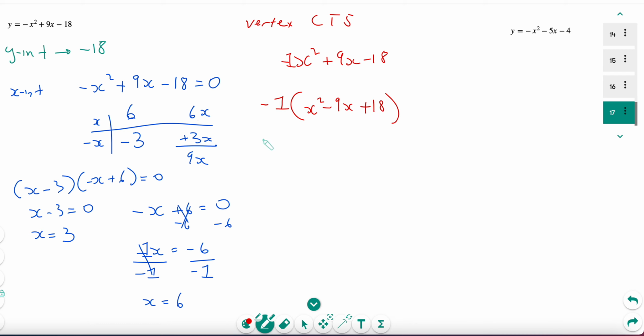Okay, boom. We're going to complete the square, so grab an x, half that 9 to make 4.5 squared, bring that 18 down. Negative 4.5 squared is 20.25. 20.25 back to 0 is negative 20.25.